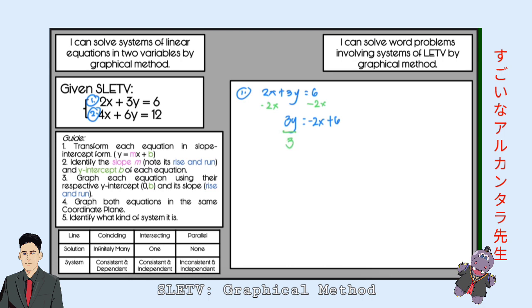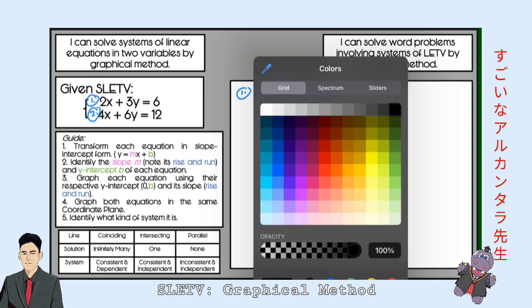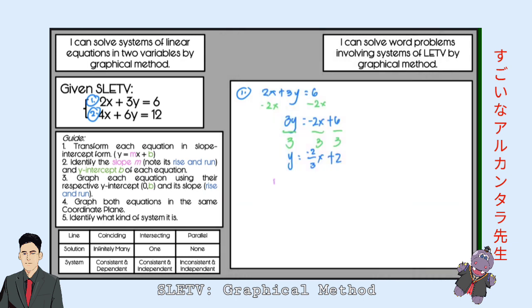Divide the entire thing by 3 so that we could isolate the y variable. You'll get y is equal to negative 2/3 x plus 2, meaning our slope is negative 2/3 and our y-intercept is 2.